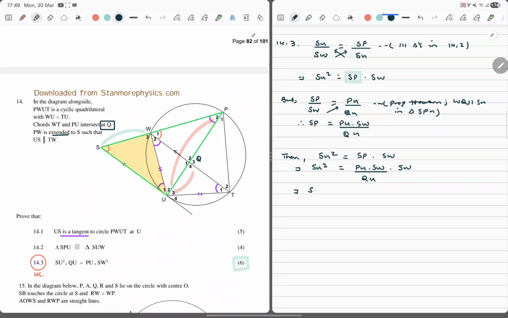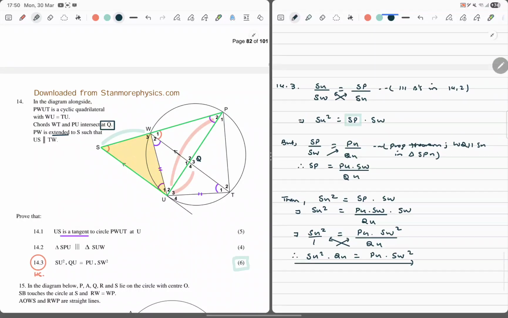So SU squared is equal to PU times SW squared all over QU. Now this is over 1. We cross multiply again. We can now make a conclusion that SU times QU is going to be PU times SW squared. The issue has been sorted.